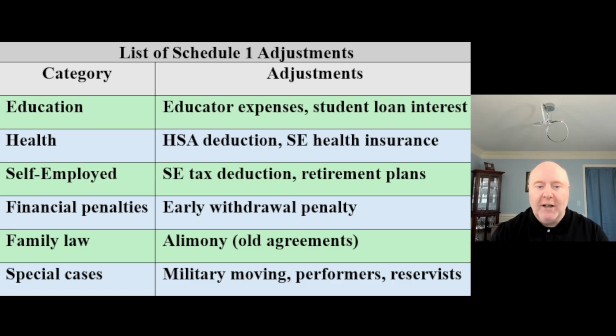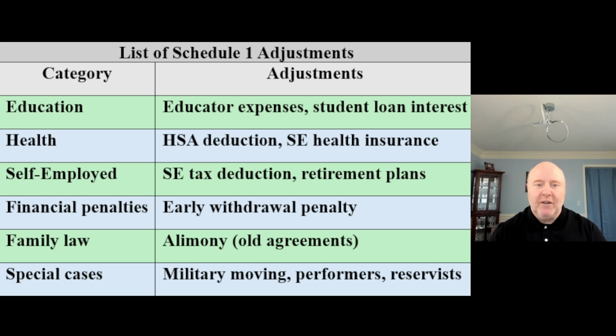Okay, so we're going to start talking about the Schedule 1 adjustments, right? They're coming over from Schedule 1 onto line 10 of the 1040. But before we do, I want to highlight a couple other things. As I mentioned a second ago, these adjustments are the only ones that impact our AGI. So what that means is, everybody who qualifies for these gets these.